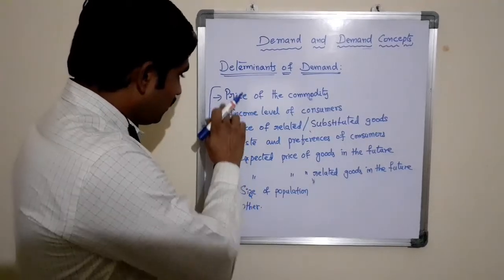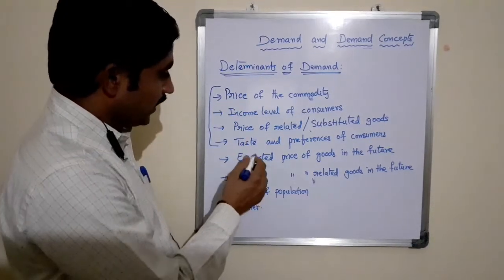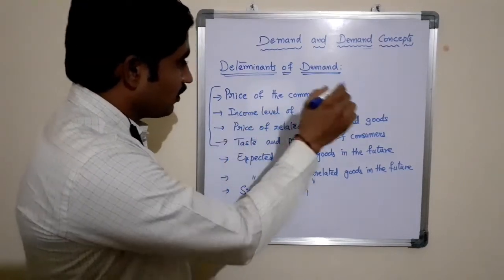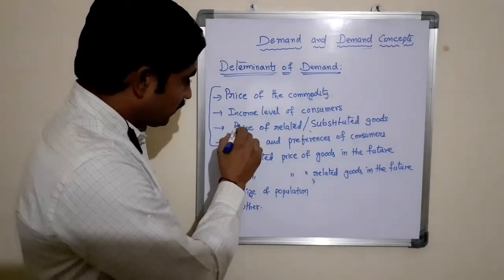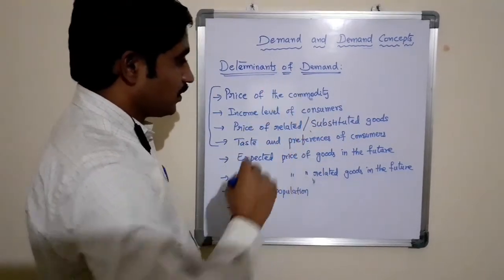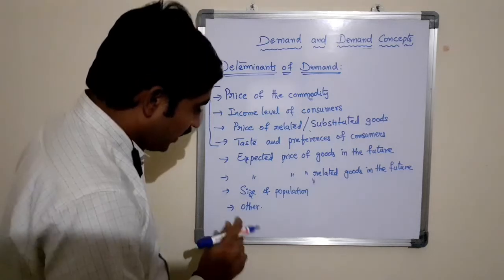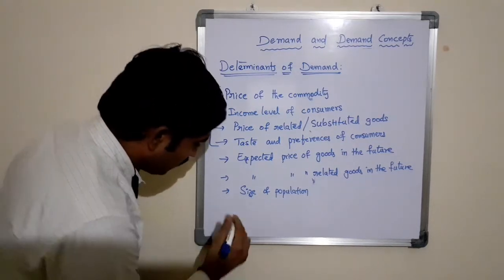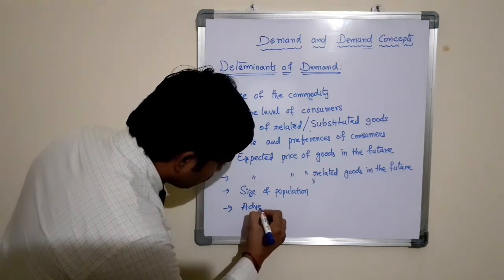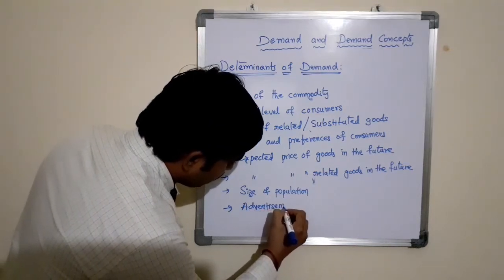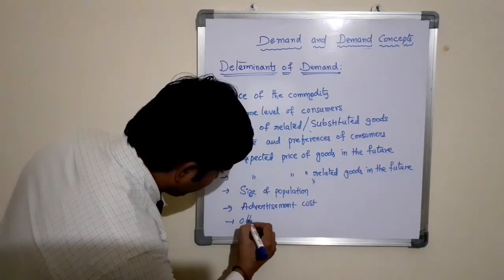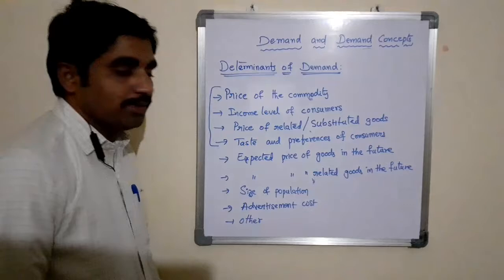And for these four in the future, that is expected price of the commodity in the future, expected income level of the consumers in the future, expected price of substitute goods in the future, expected taste and preferences of the consumers in the future, and also the size of population, advertisement cost, and other determinants.